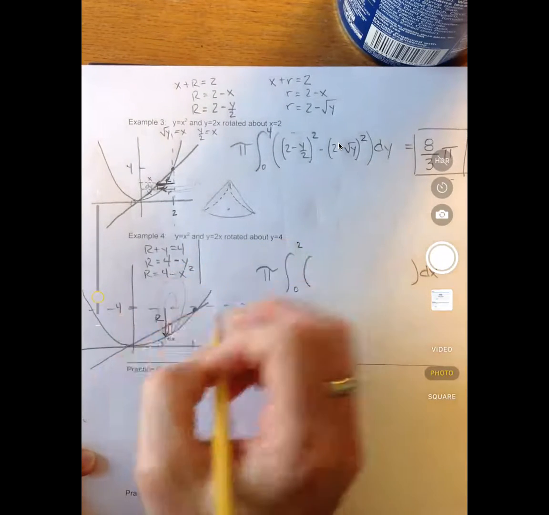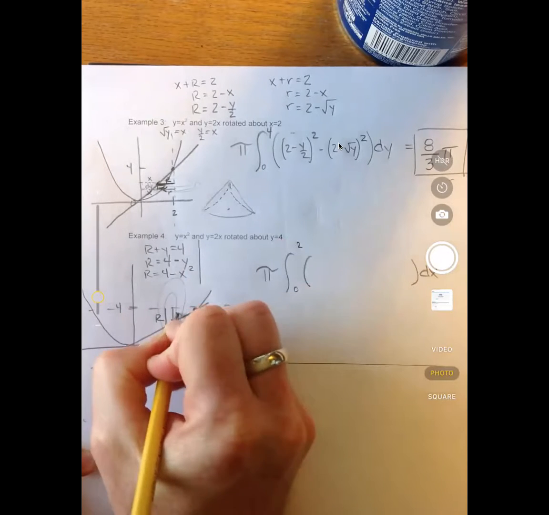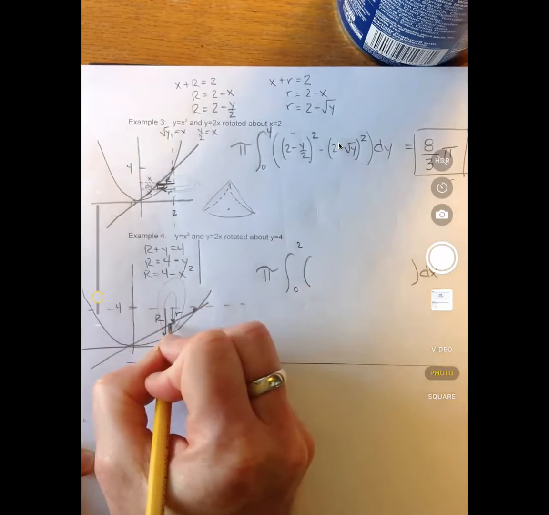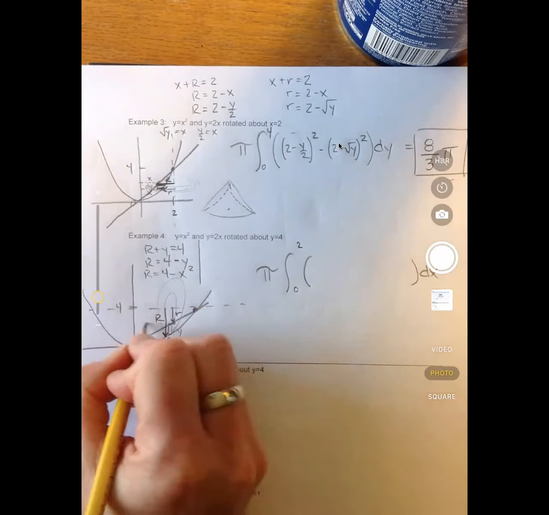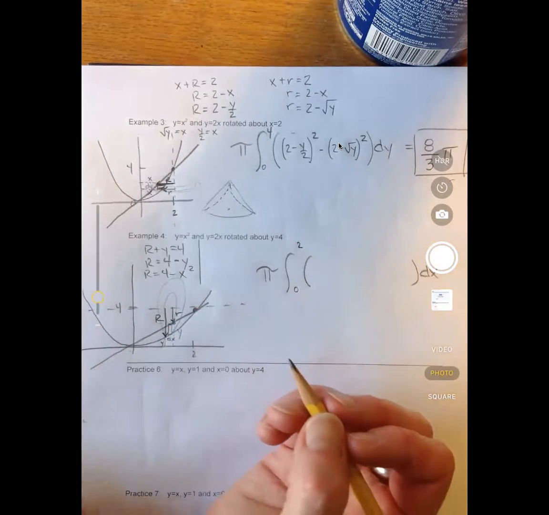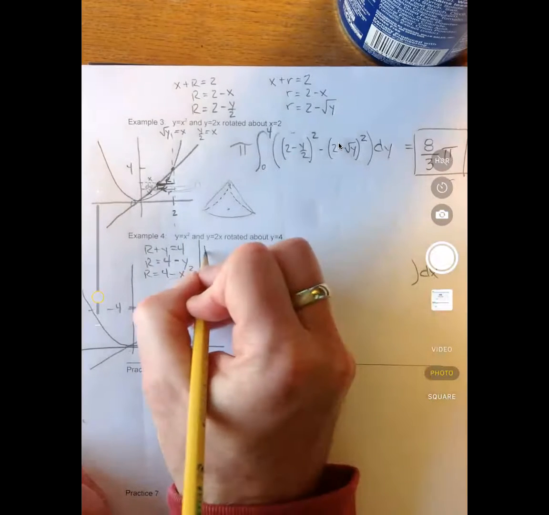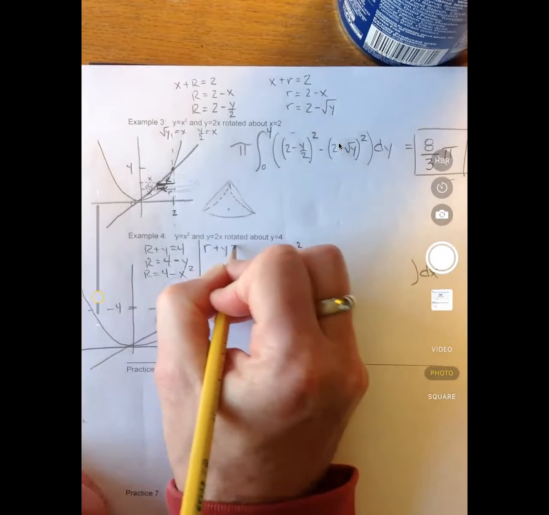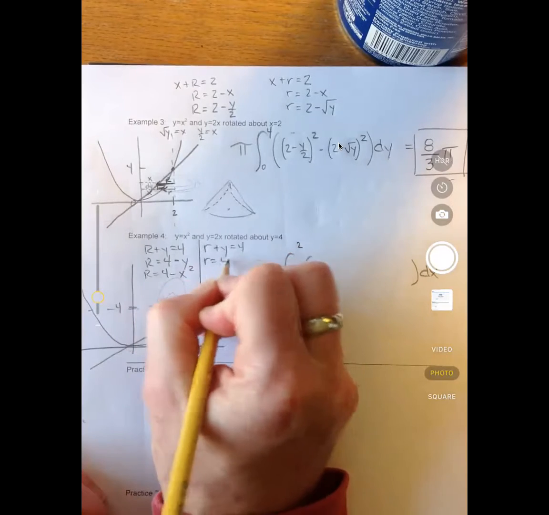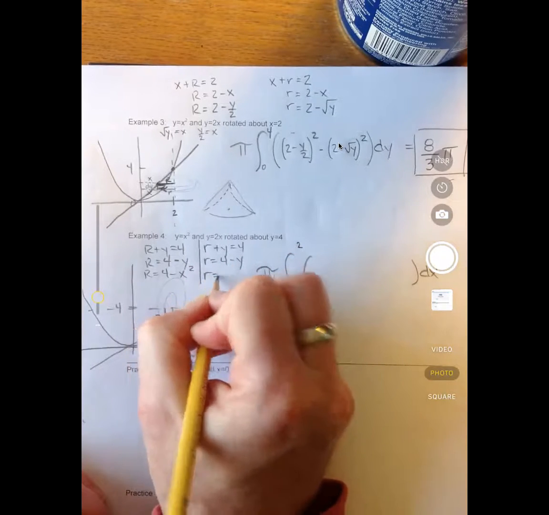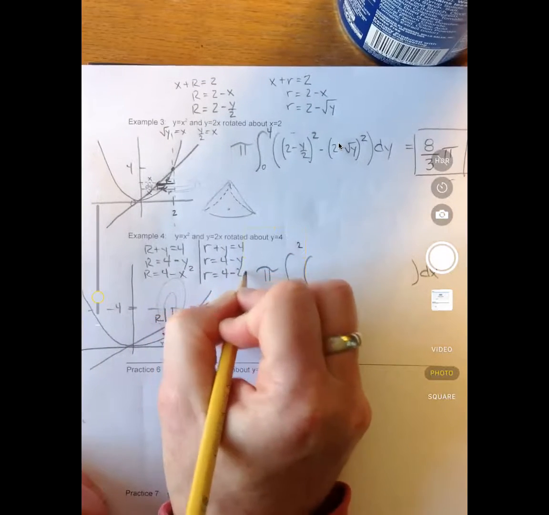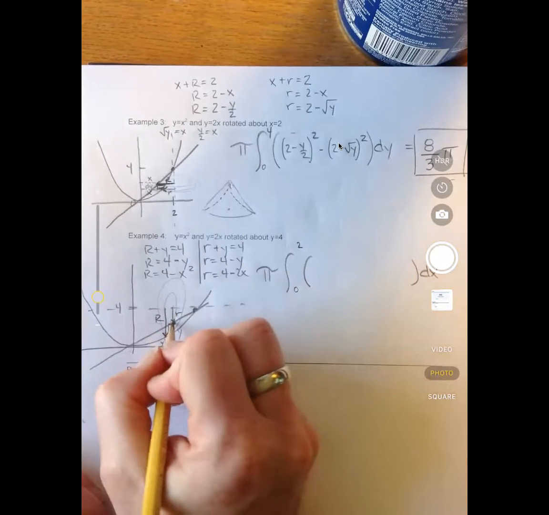And so little r is going to go from here to here. And that distance where the top of the rectangle touches, that's going to be a y value. Again, over to here would be an x value, but I'm not going that direction. So little r plus y equals 4, or 4 minus y, or 4 minus 2x, because it's touching the linear function.